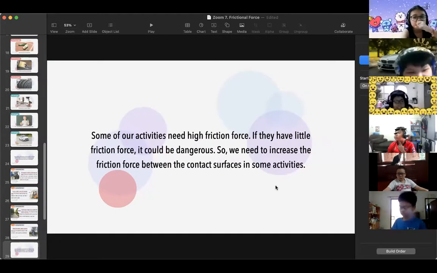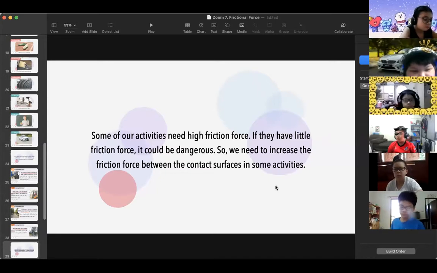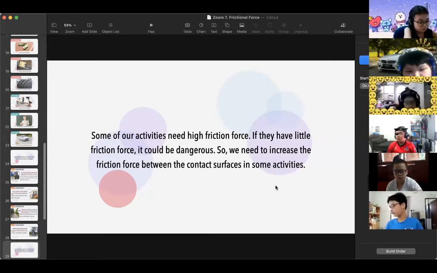Okay, so these are the benefits of high friction force. Your movement becomes slow, but it can be beneficial for our daily activities.